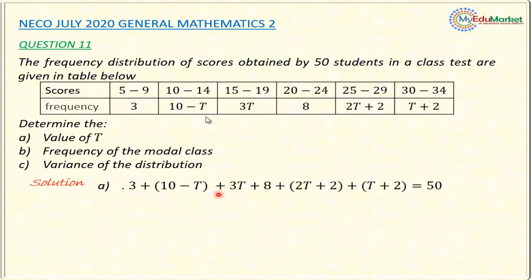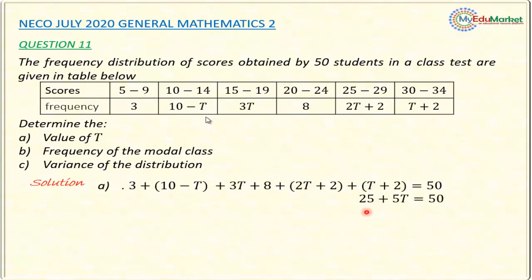Solving this equation, collecting like terms on the left hand side gives me 25 plus 5t equals 50. The 25 is the addition of the constant numbers 3, 10, 8, 2 and this 2, and 5t is from adding minus t plus 3t plus 2t plus t.